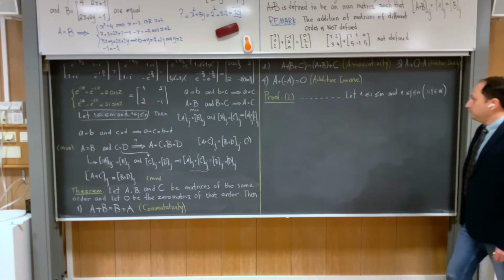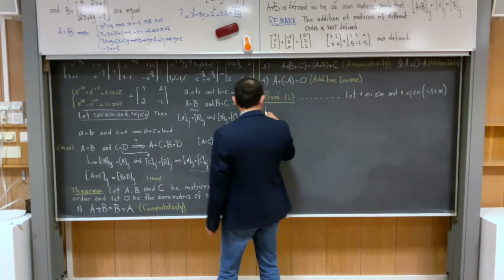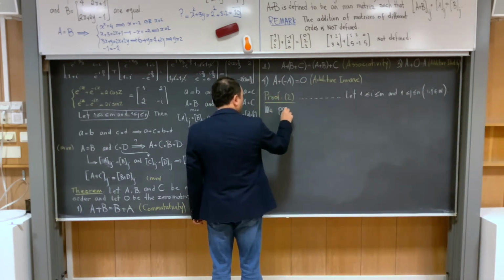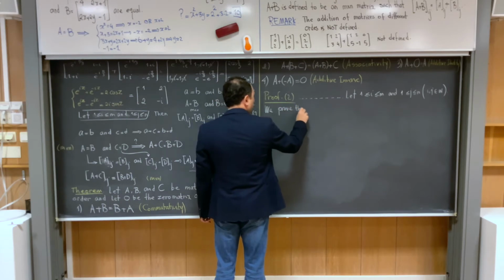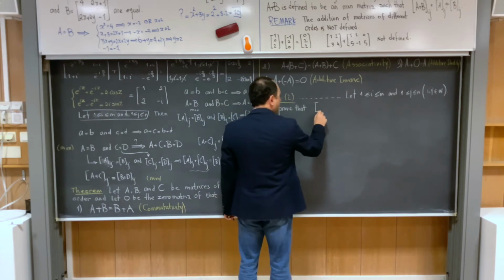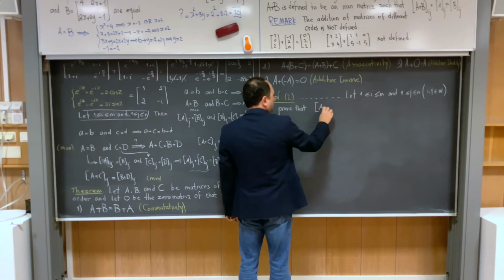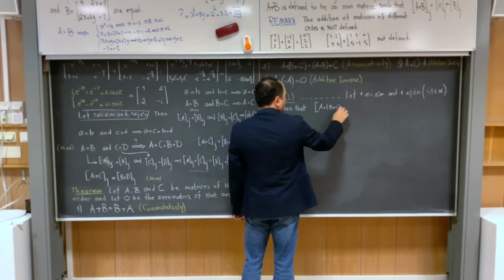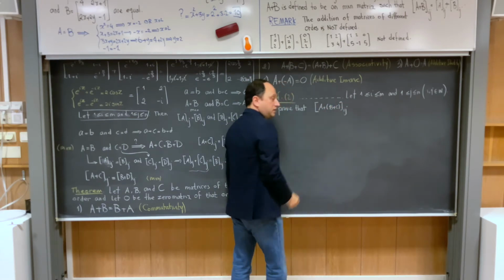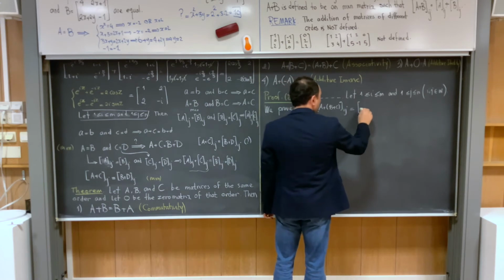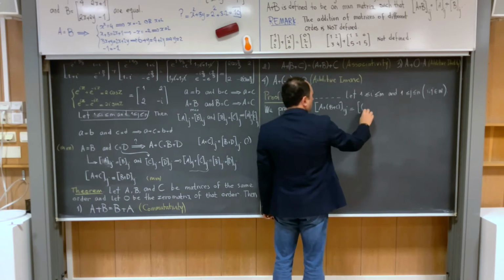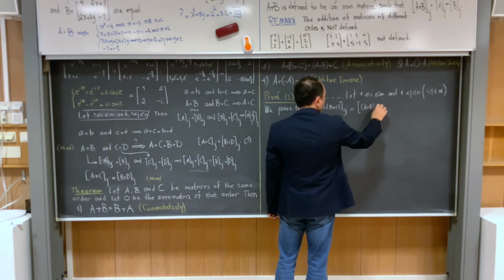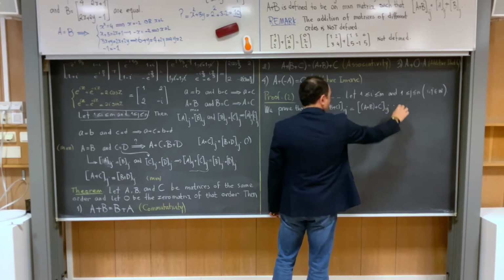Okay, we prove that. What do we prove? We prove that the ijth entry of the matrix sitting on the left-hand side, meaning this, is equal to the ijth entry of the matrix sitting on the right-hand side, meaning this.